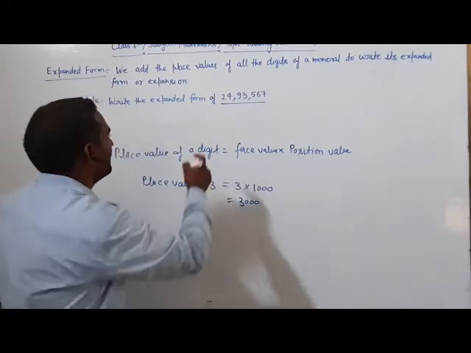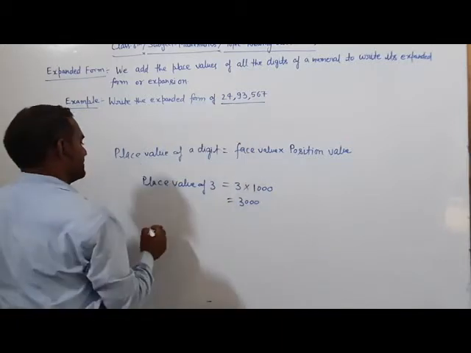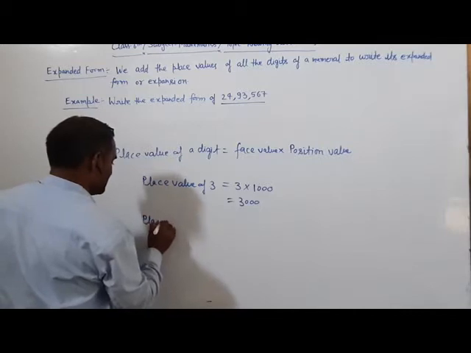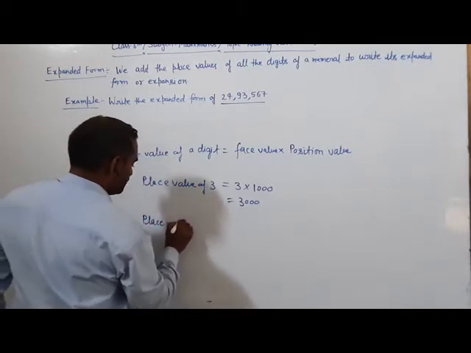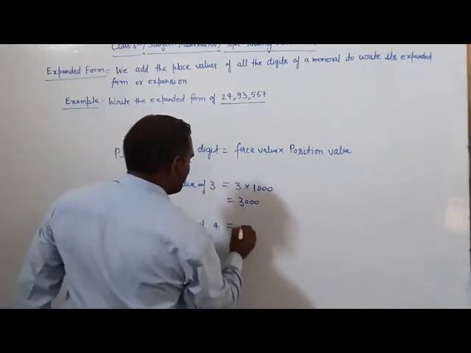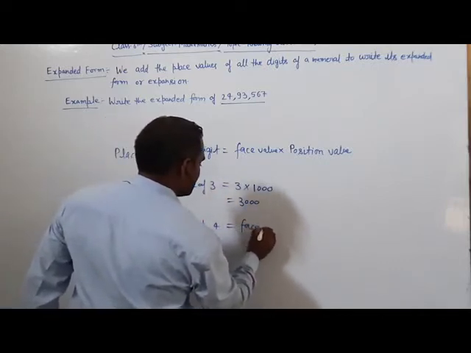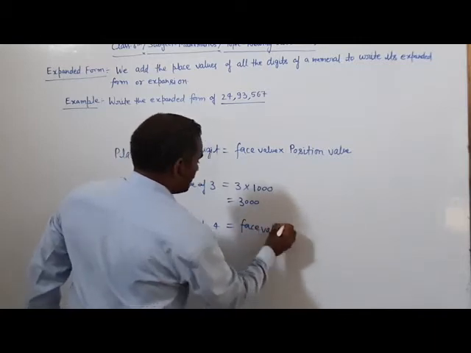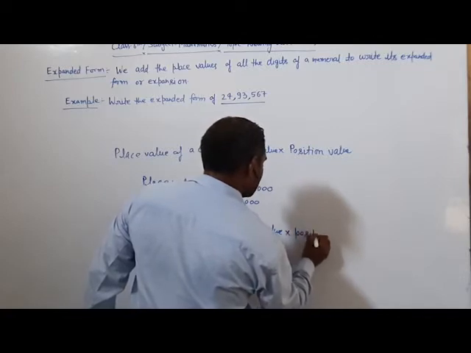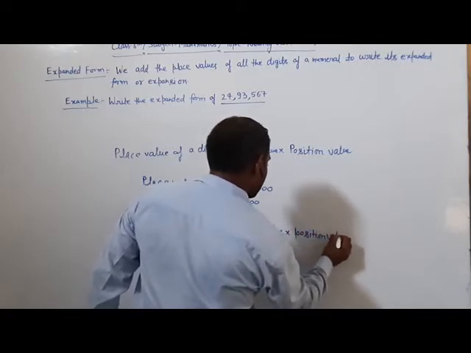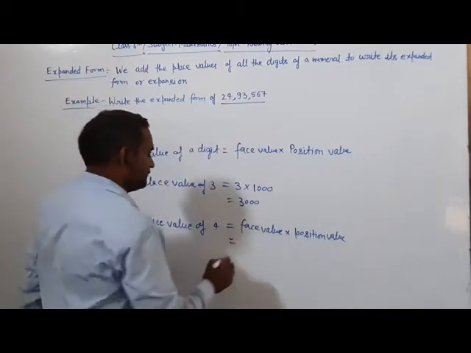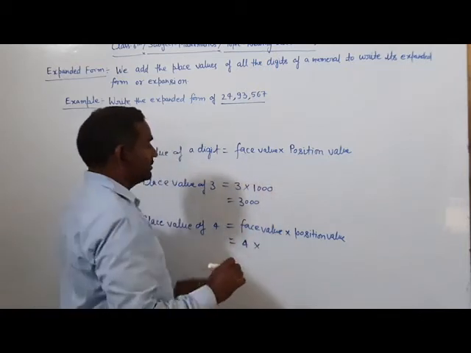In the same way, if you want to know the place value of 4, place value of 4 is equal to face value into position value. Face value of 4 is 4, into position value.